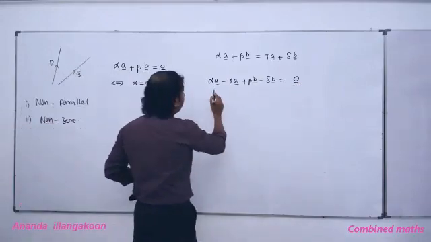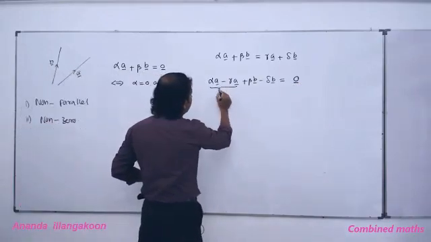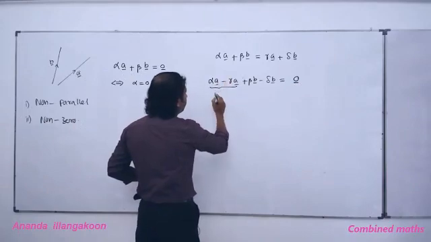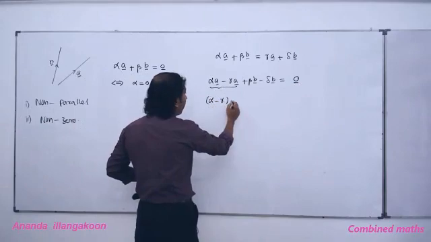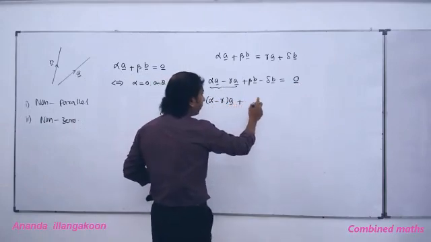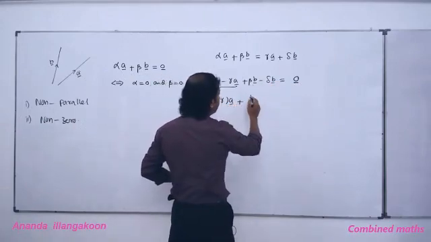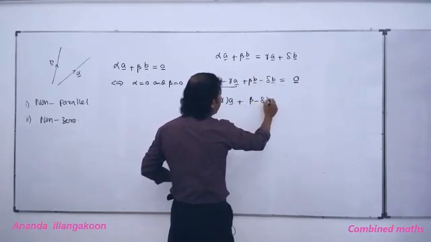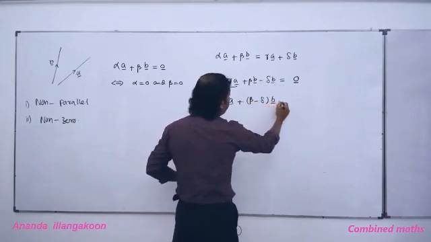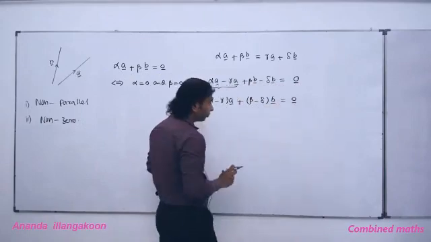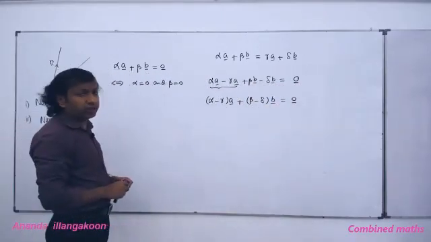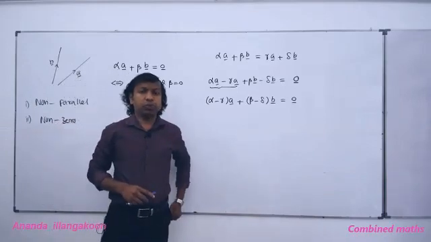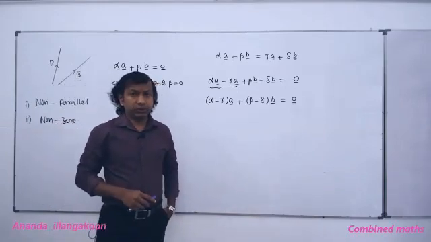Then from these two terms, I can take vector A out: alpha minus gamma times A. From the other two, take vector B out: beta minus delta, times B, is equal to null vector. Now, alpha and gamma are two numbers.